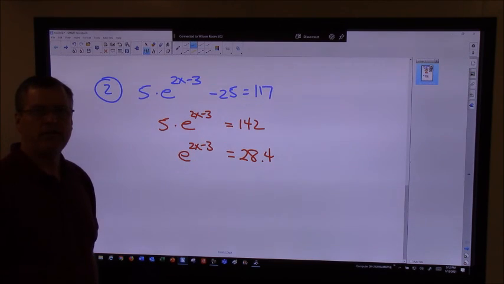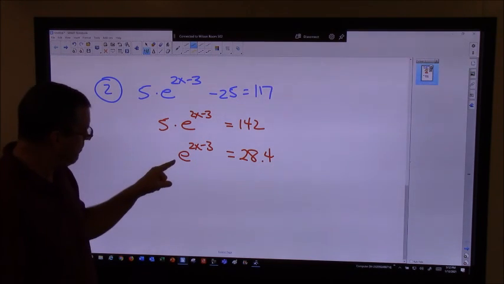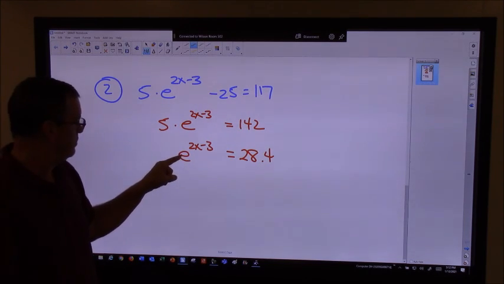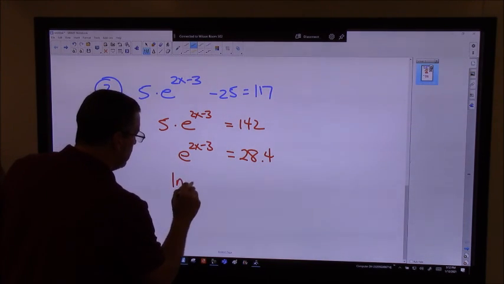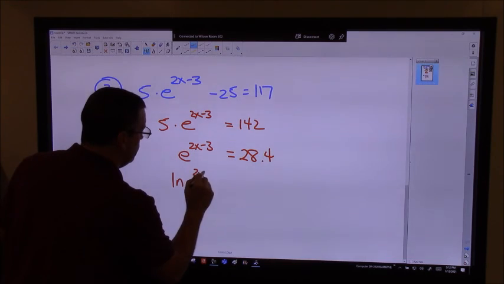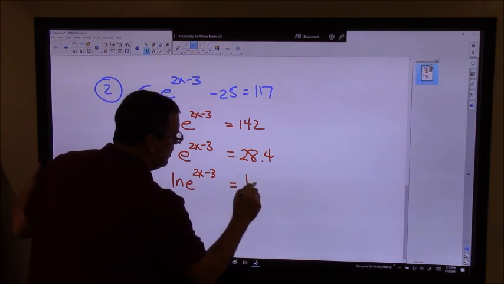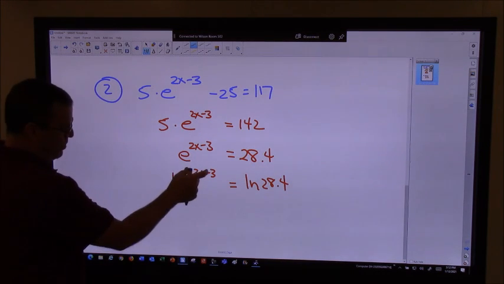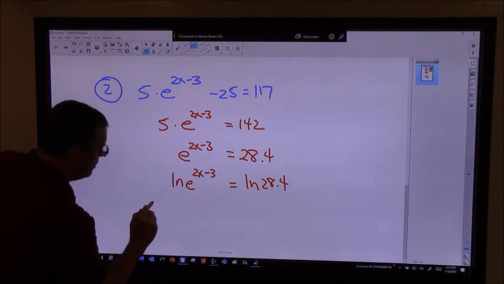Now I need to take natural log of both sides. And I have to use natural log here because of the e. All right, so I'm going to say natural log of e raised to the 2x minus 3 equals natural log of 28.4. And then I want to bring my exponent down in front.